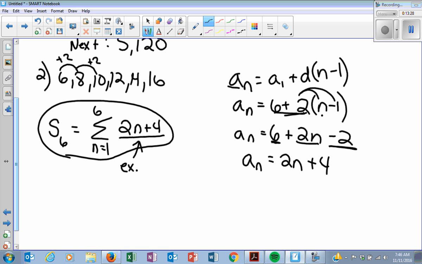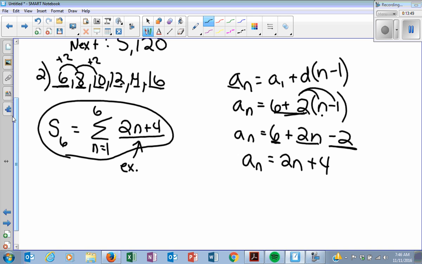Now, what does it also say? Then compute. Compute means to actually add them together. Well, I have 2 things that I could do for this problem. I could actually just take a calculator, and since they're giving me the first term, second, third, fourth, fifth, sixth term, have they given me all 6 terms?